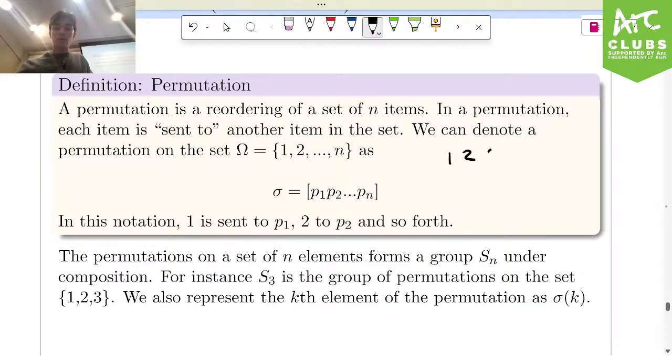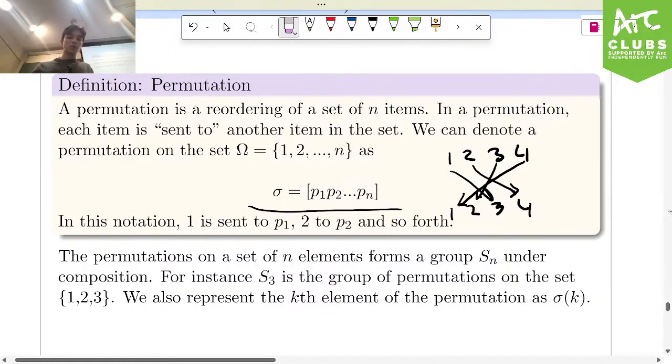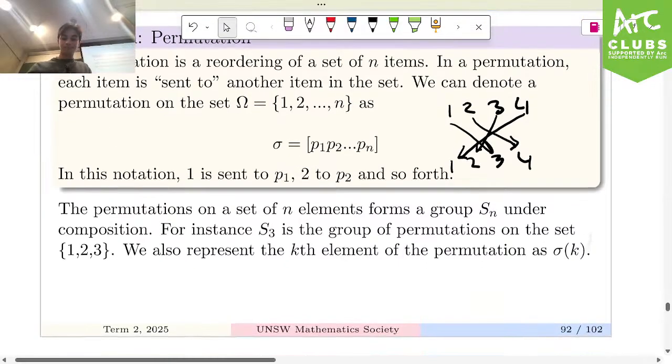So if we have some function that maps, say, the set of integers from 1 through to 4 to itself, then we can treat that function as the permutation, right? And we have this new notation for this permutation, which is denoted through the symbol sigma, right?